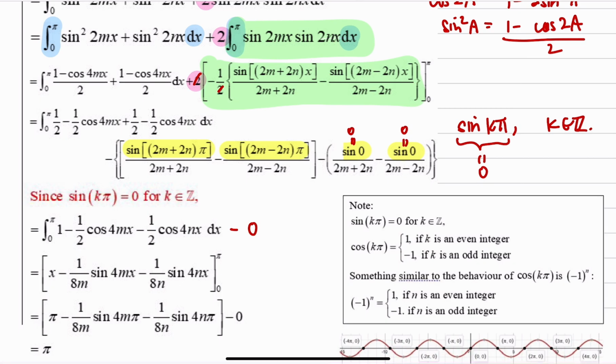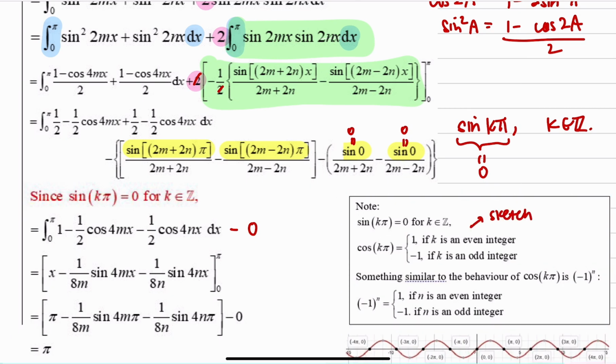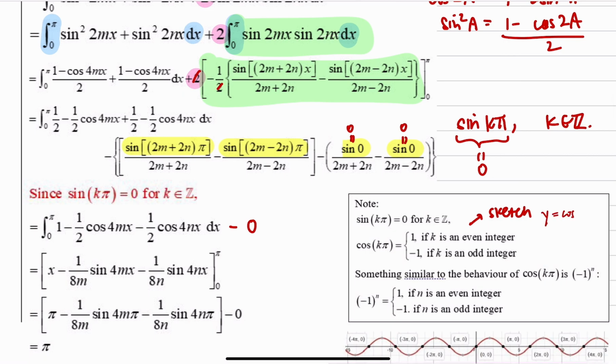Alright, so you can sketch the graph. The idea here is you can sketch the curve for y equals cosine k times pi, or you can sketch cosine graphs, and then you observe what will happen. So you should sketch the cosine x graph and observe what happens at integer multiples of pi.